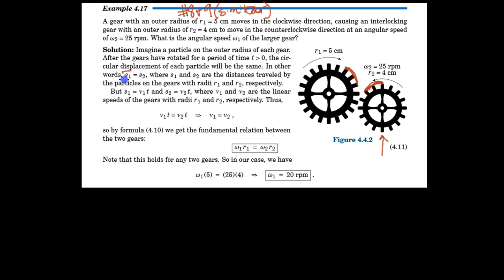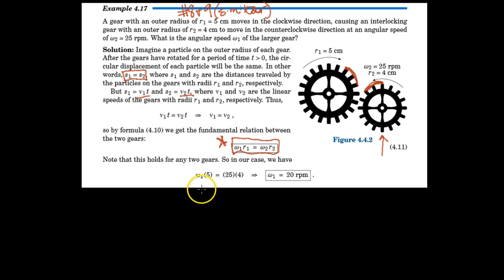So then they developed this idea that arc length is the same. And since arc length would be equal to V1t and V2t for the second arc length, we can set them equal to each other. And then we get this nice formula right here with angular speed and the radius.